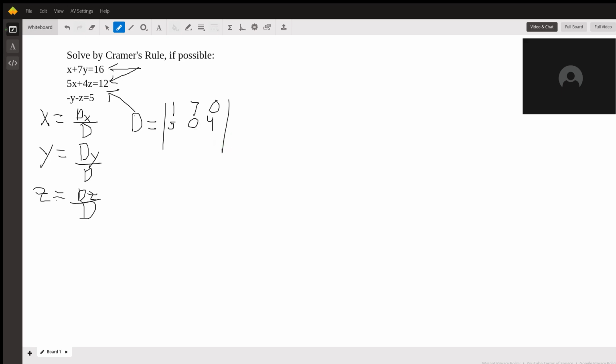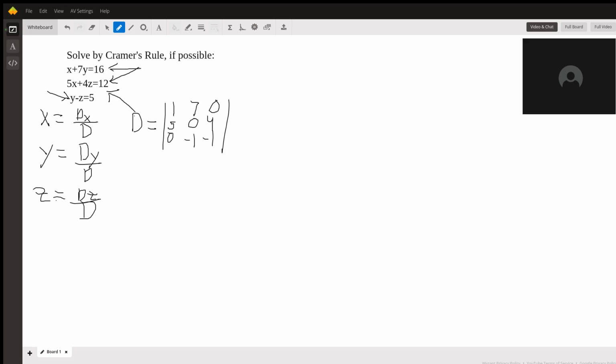And in the last one, we have negative 1 for y, 0 for x, there's nothing there, and negative 1z.